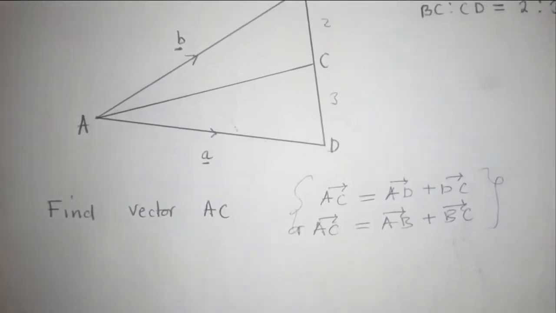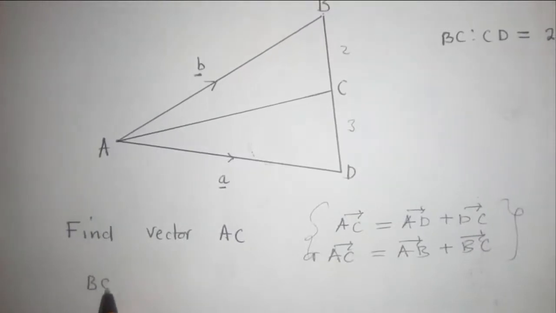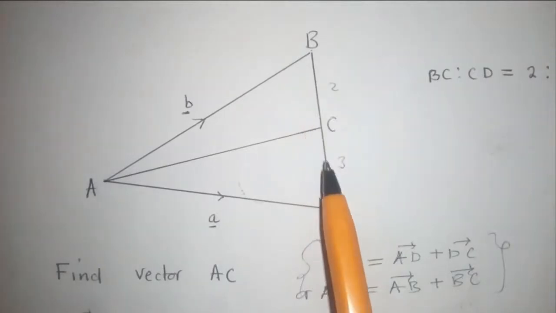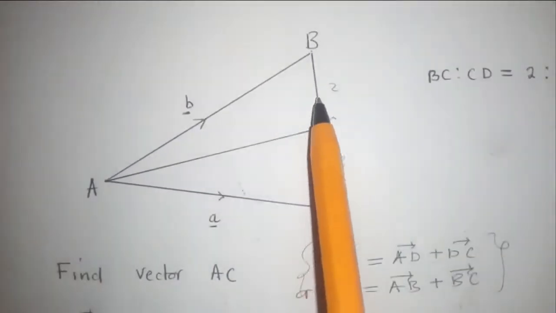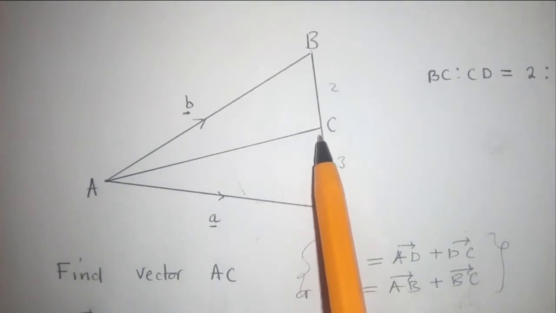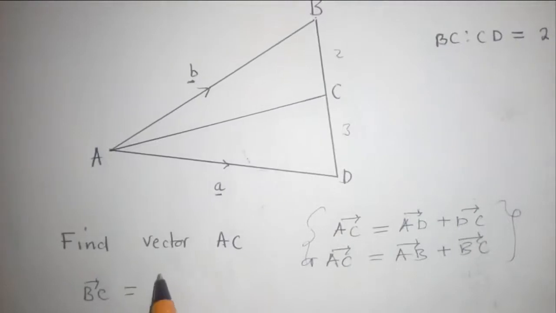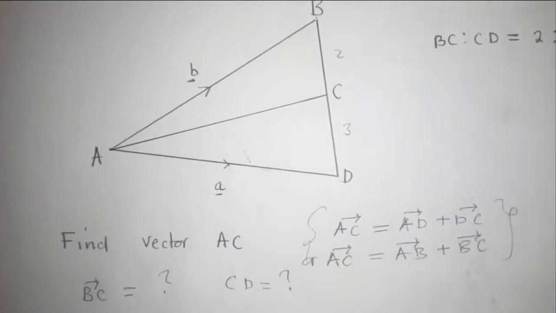We're going to say, vector BC over here. We want to find BC. It will be difficult for us to find this vector BC if we follow the way the figure is. We also don't know CD. These are the vectors we want to find.